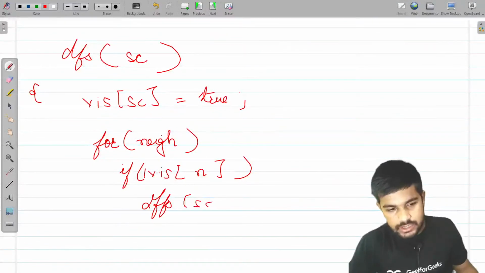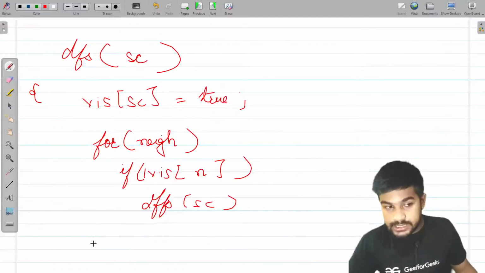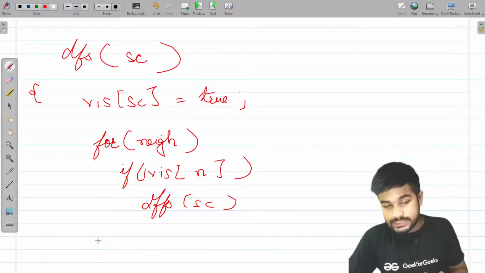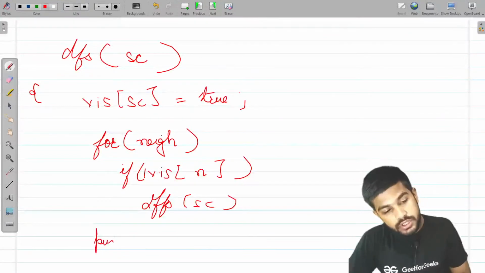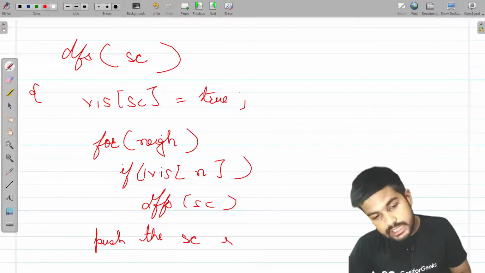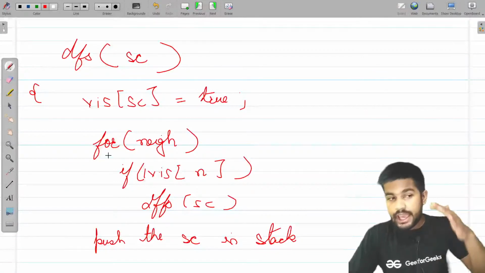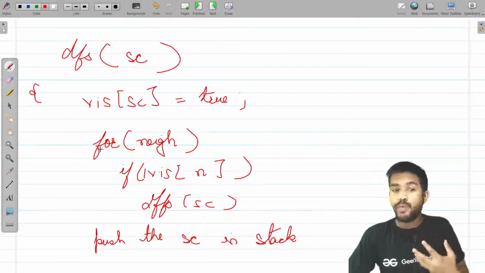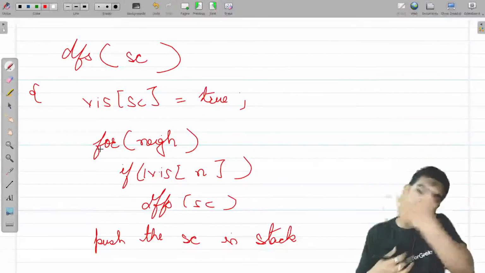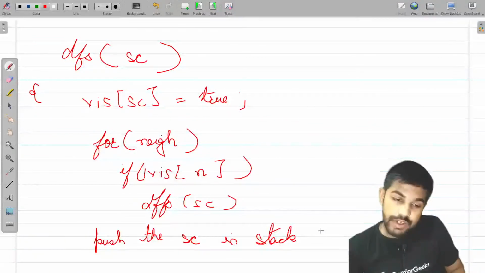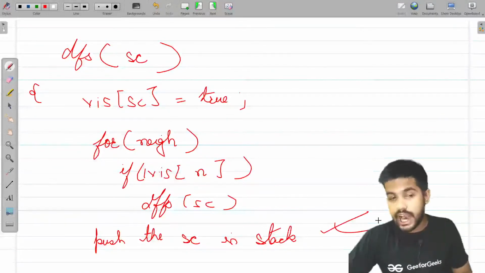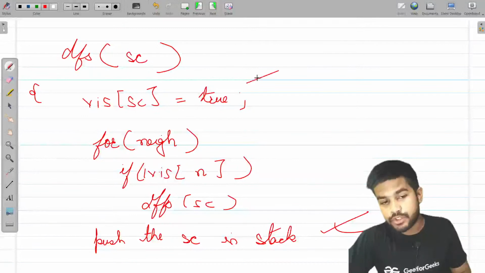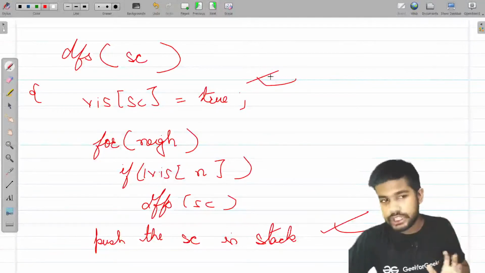And then, after all this processing is done, we would push the source in the stack. That is why, after all the processing, not before the processing, in recursion when we are coming back home, after all the neighbors of the source are visited, then we are pushing it now.